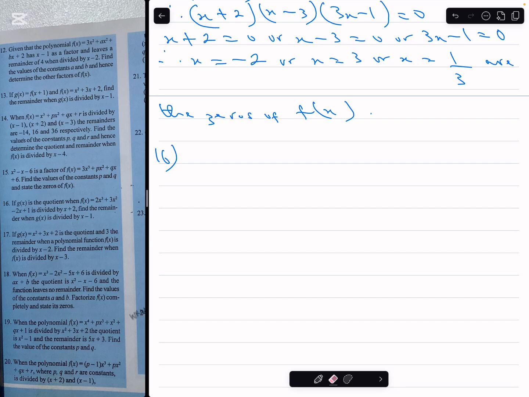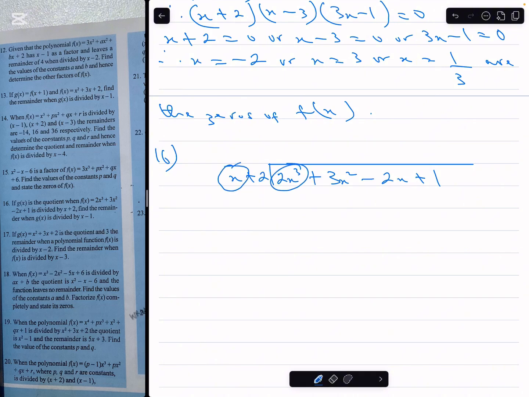They are saying that when you divide the polynomial f of x, which is equal to 2x cubed plus 3x squared minus 2x plus 1, by x plus 2, the quotient, which is the result you will get here, is g of x. That means name that quotient g of x. So let's divide to know what the quotient is.